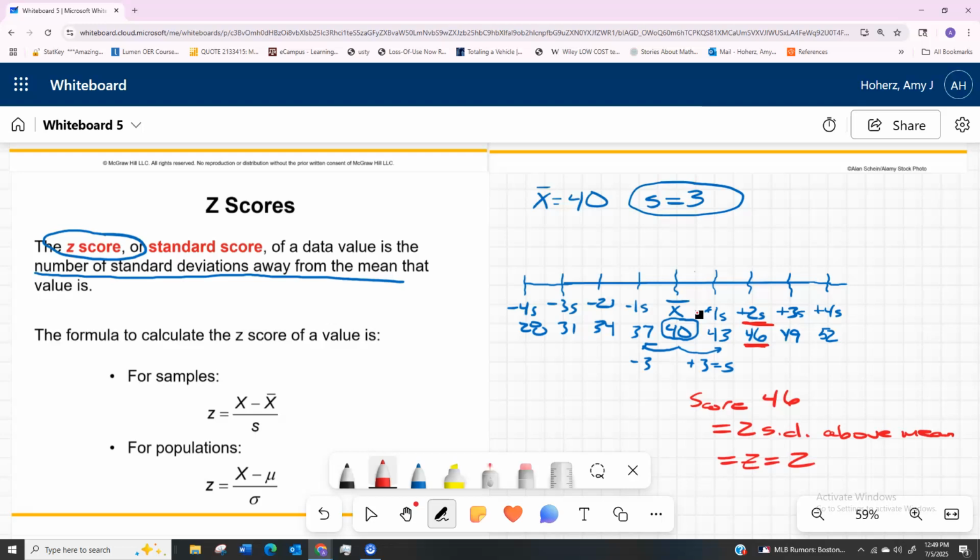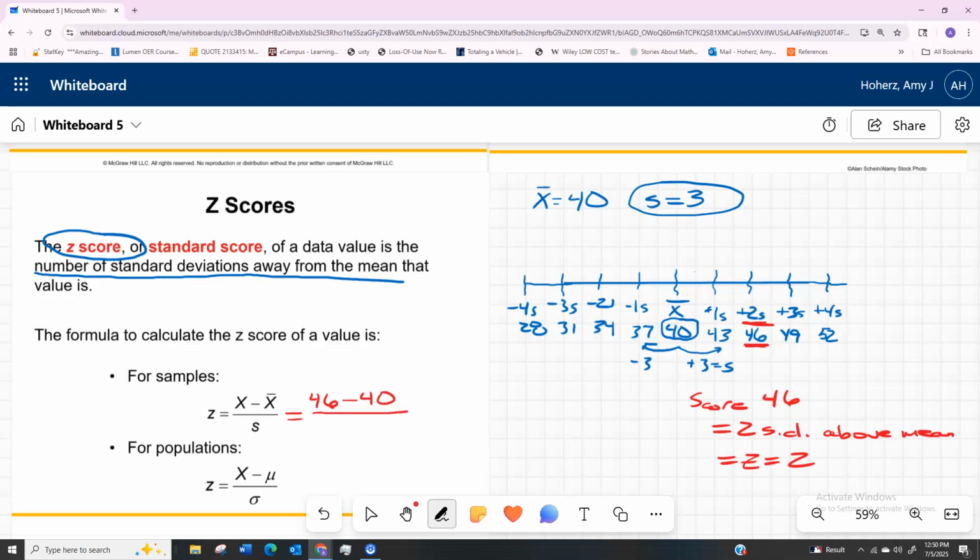So how does that fit with our formula? So the formula is, if we have x minus x bar, then in our case, the x would be the 46 that we were looking at. The x bar would be the 40.